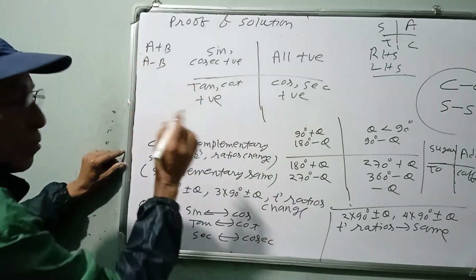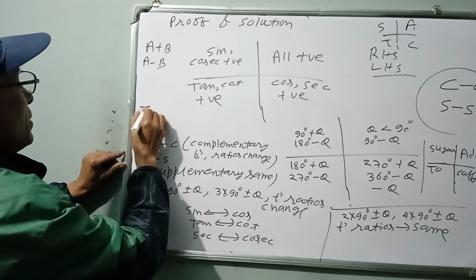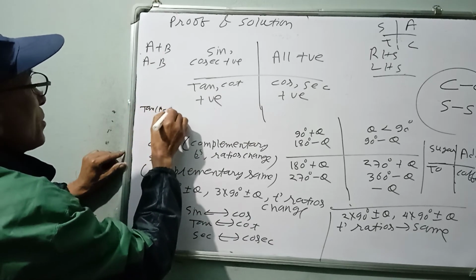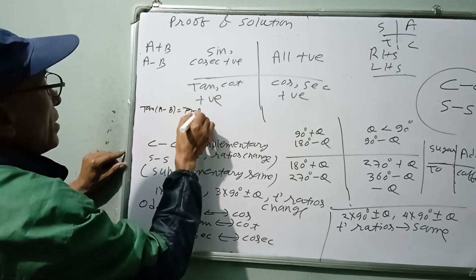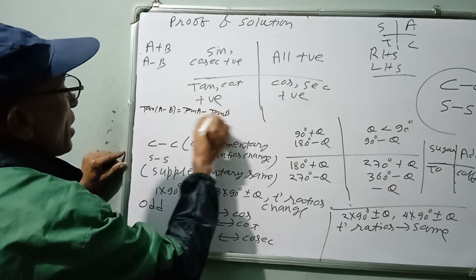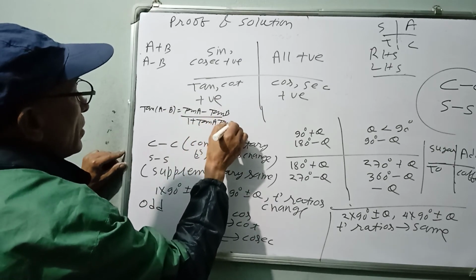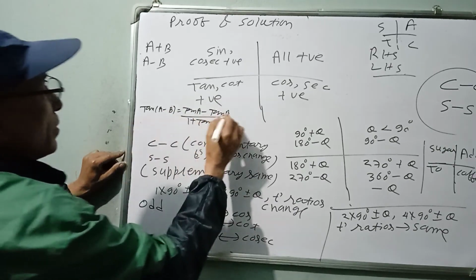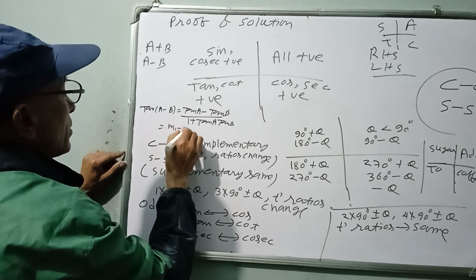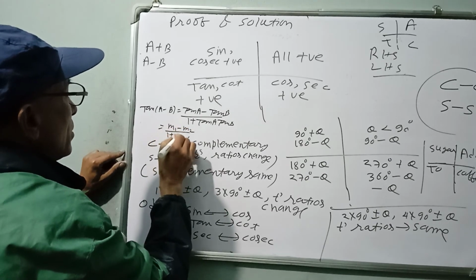This formula is also important. For example, tan a minus b, tan a minus tan b by 1 plus tan a tan b, like m1 minus m2 by 1 plus m1 m2.